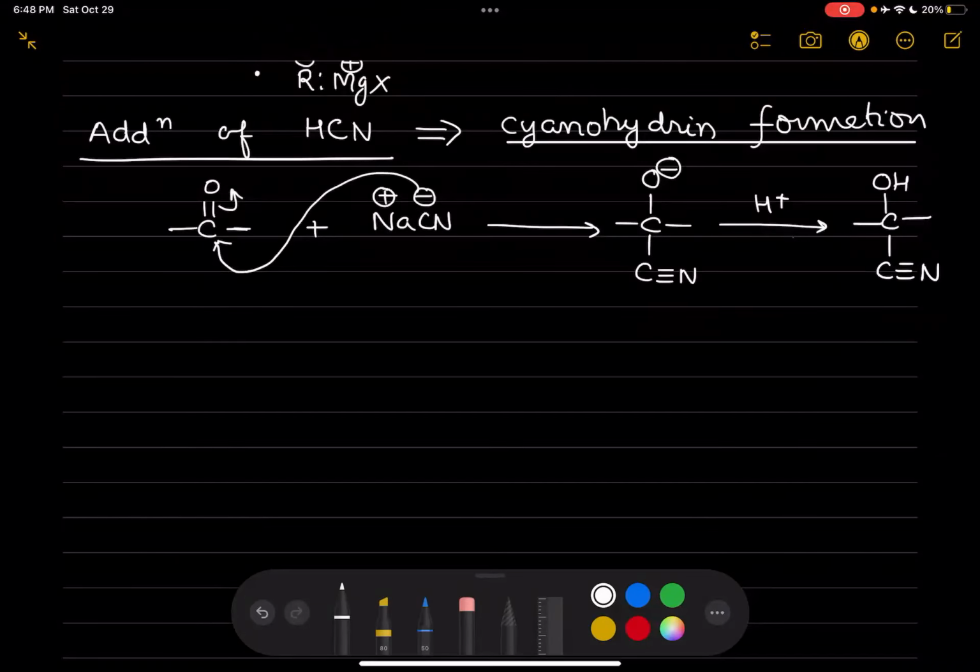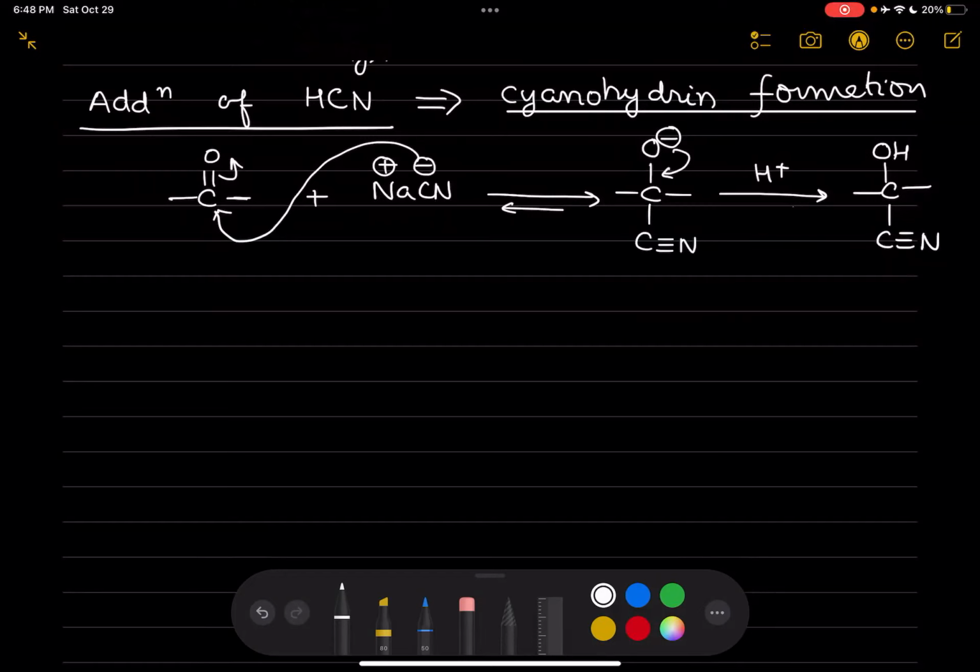Yes, sir. And this is reversible because CN minus is a weak nucleophile, so it can come out. This minus can come again and form a double bond and push out the CN minus. So I can write K for cyanohydrin formation. K cyanohydrin formation, it is going to be larger for whom?